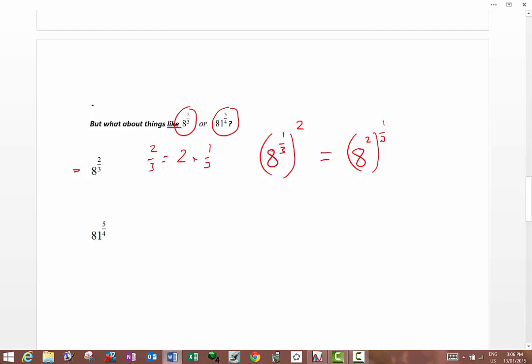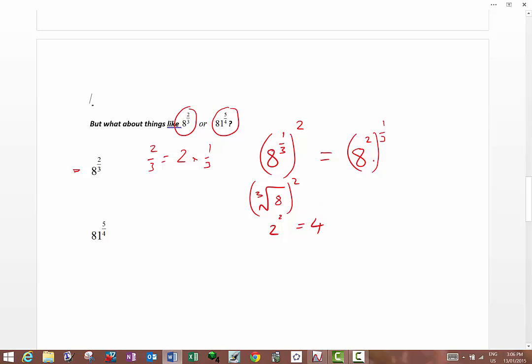So they're both correct. 8 to the third means the cube root of 8, as we've just discussed, squared, and the cube root of 8 is 2, squared, so the answer to that is 4.